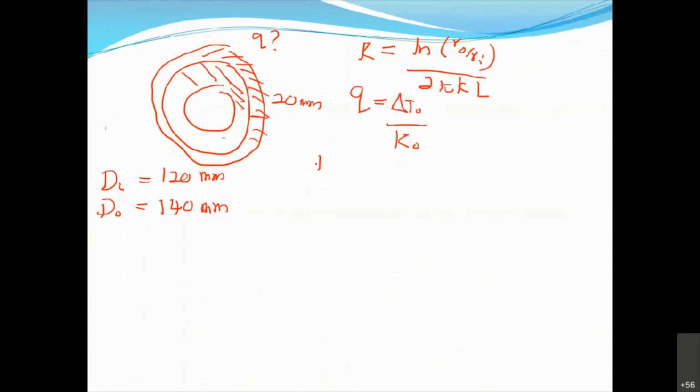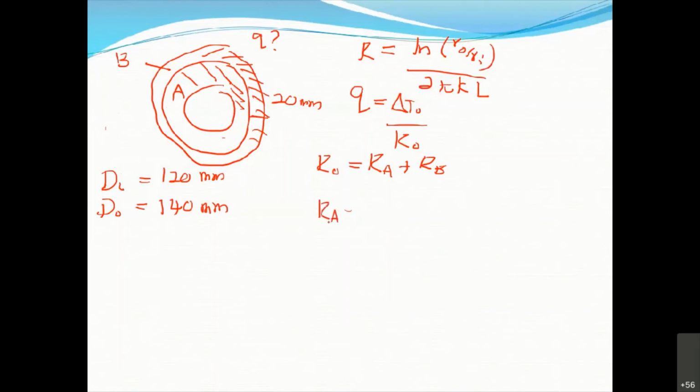So your R overall is going to be, let's say we put this as layer A and this as layer B, RA plus RB. So you have to find the value of RA and the value of RB. Let me show you how to find the value of RA.